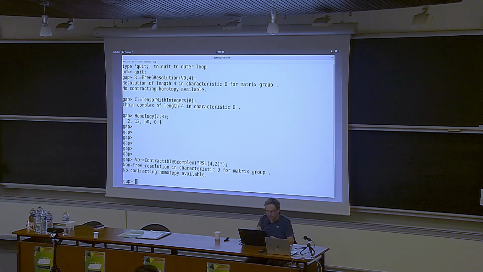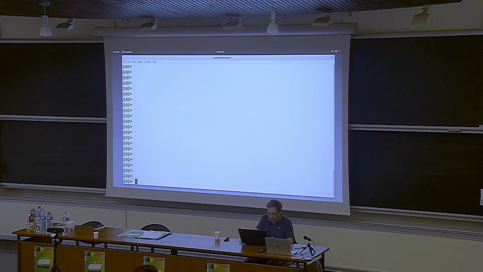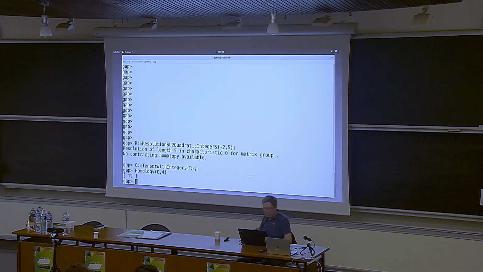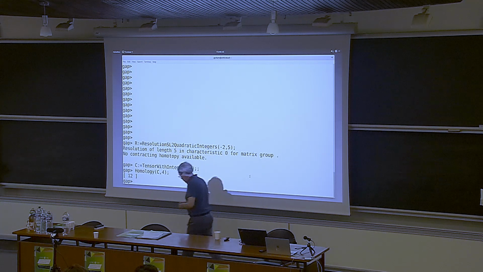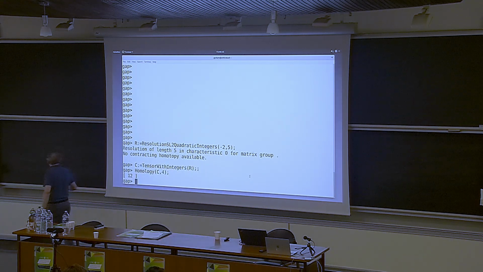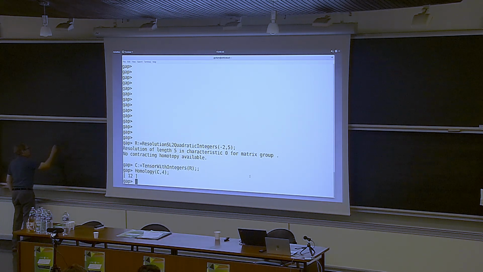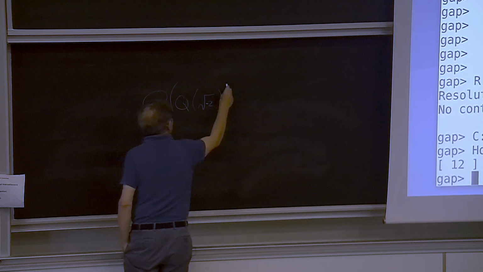Good. So let me just do a different kind of computation, which might be more interesting. What I've done there is I've taken the square root of -2, added it to the rationals, and taken the ring of integers.